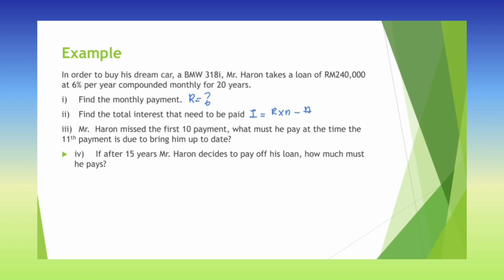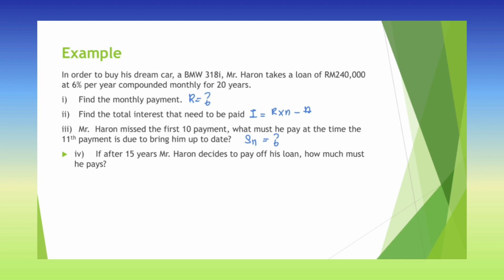And then question 3, Mr. Harun missed the first 10 payments. So what must he pay at the time the 11th payment is due to bring him up to date? So here we have to find S11. Question number 4, if after 15 years Mr. Harun decides to pay off his loan, how much must he pay?